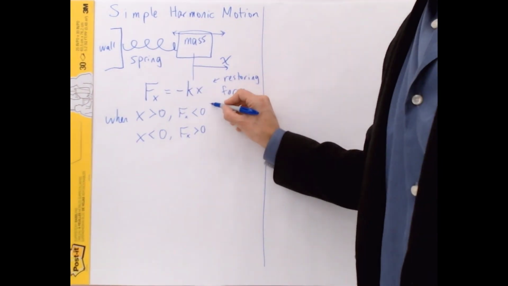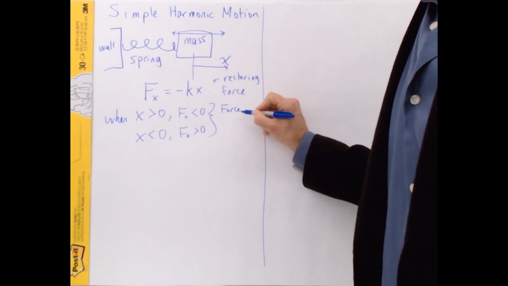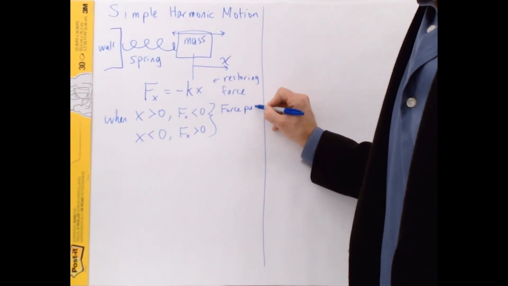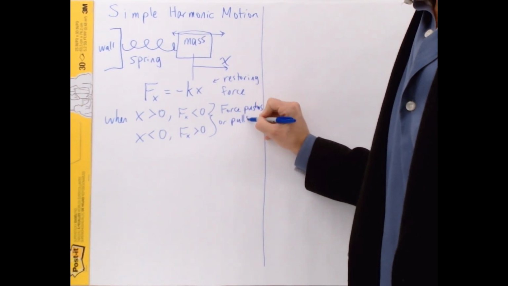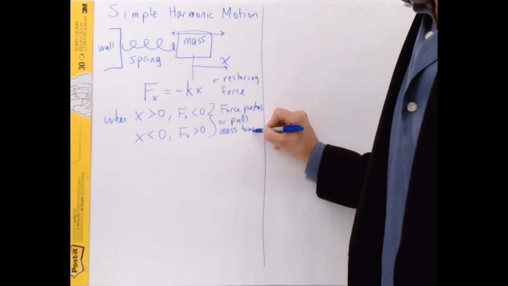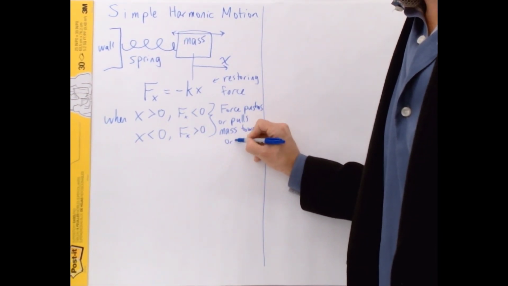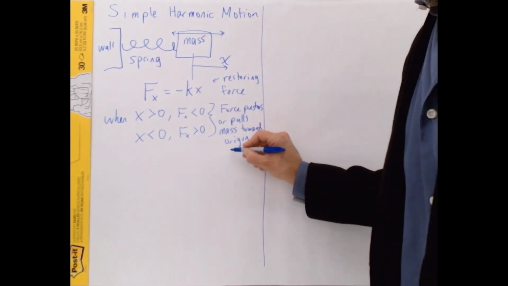So what this means is that the force pushes or pulls the mass toward the origin, always toward the origin. That's called a restoring force, x equals 0.